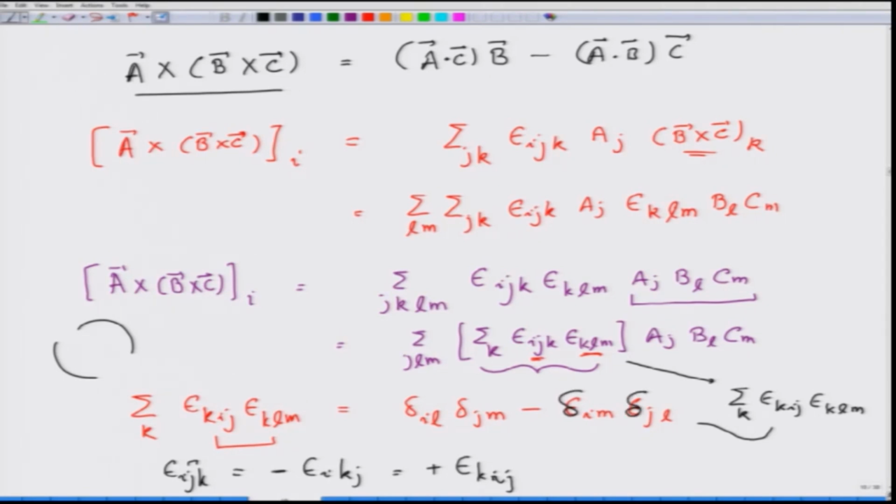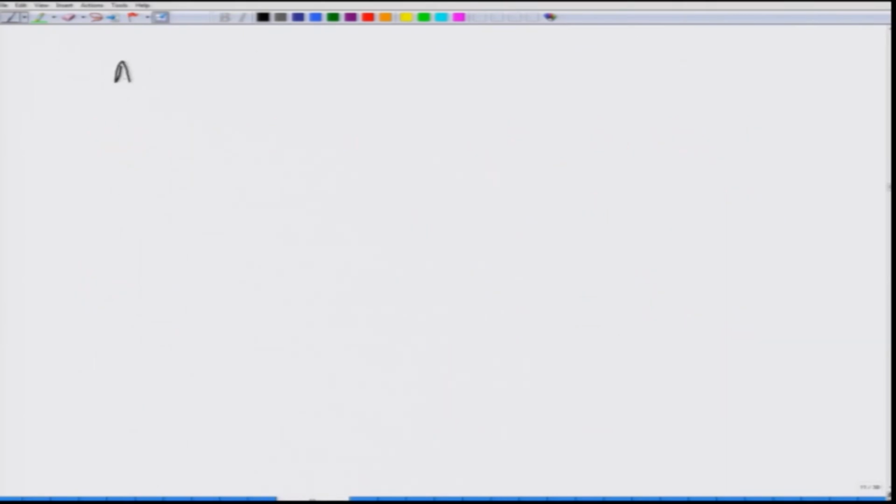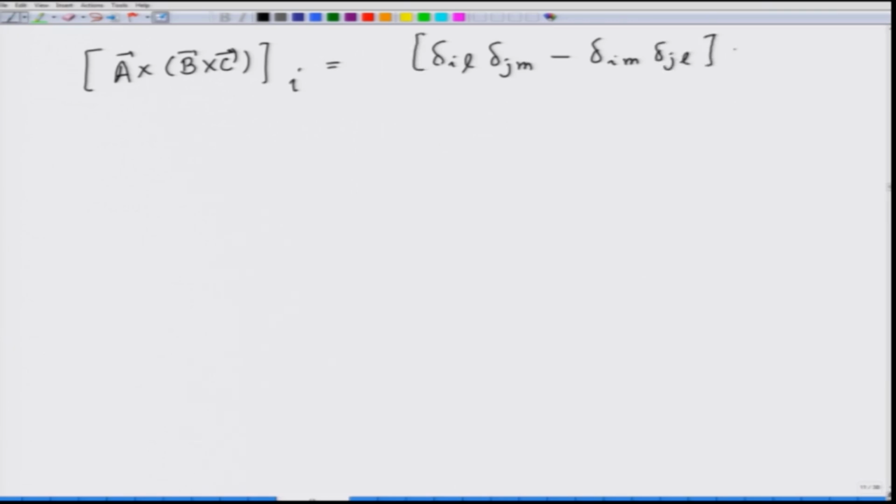All right. So I can now easily express the ith component of A cross B cross C as delta i l delta j m minus delta i m delta j l, from the previous place, A j B l C m, summation over j, l and m.